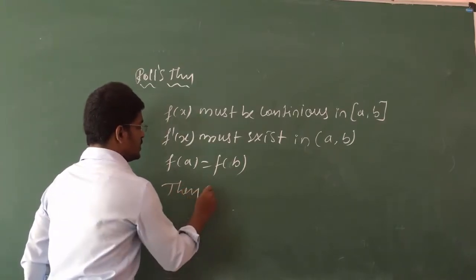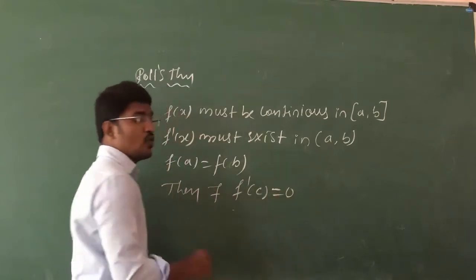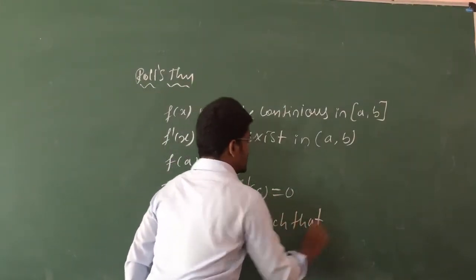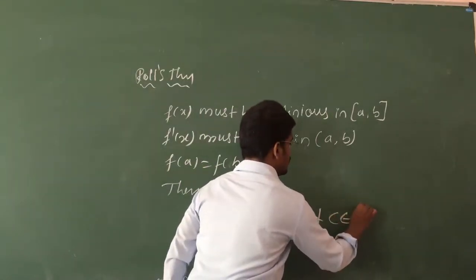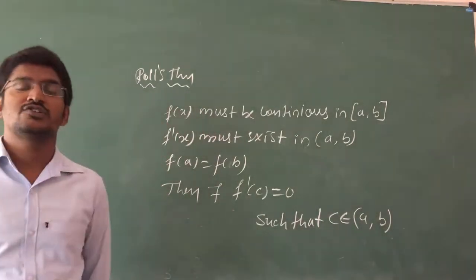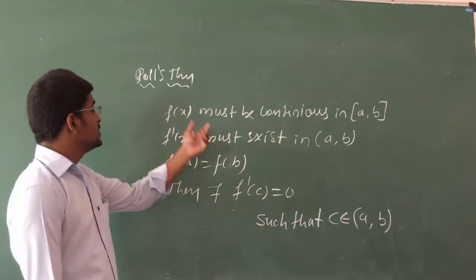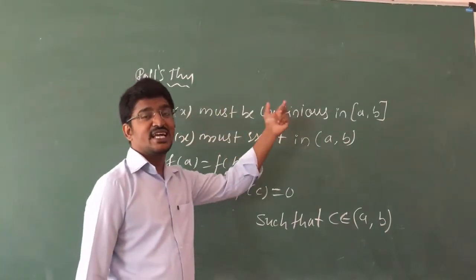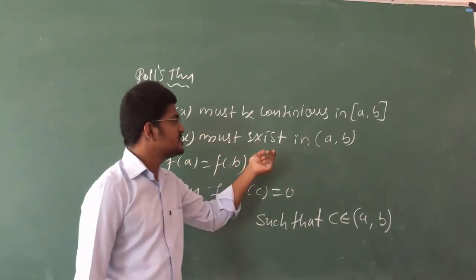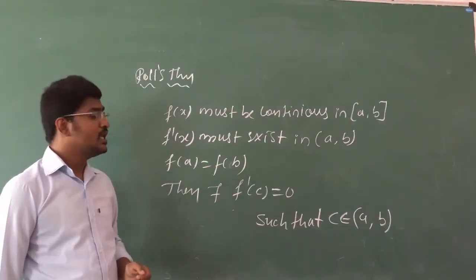Then there exists f dash of c equal to 0 such that c belongs to the open interval a comma b. That means f of x must exist and be continuous in the closed interval a b. F dash of x must exist in the open interval a comma b. F of a equal to f of b.